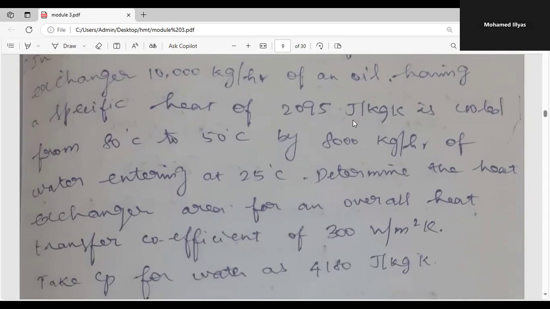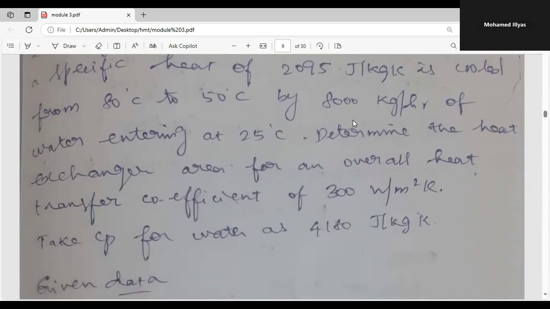Determine the heat exchanger area for an overall heat transfer coefficient of 300 watts per meter square Kelvin. Take Cp for water as 4180 joules per kg Kelvin.